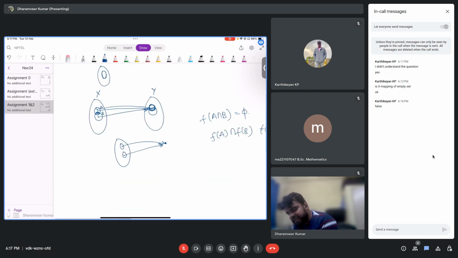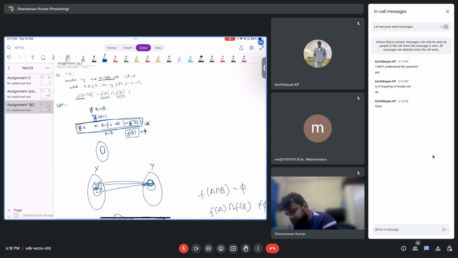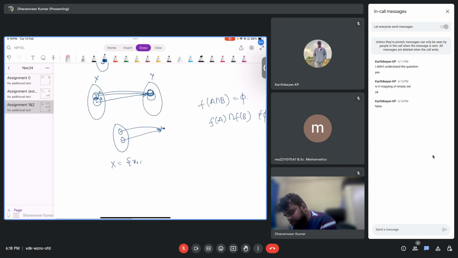Can I generalize this? Let's say X contains x1 and x2. Okay? Let A be x1, it's a set, and B be x2. The intersection fails, there is no intersection.